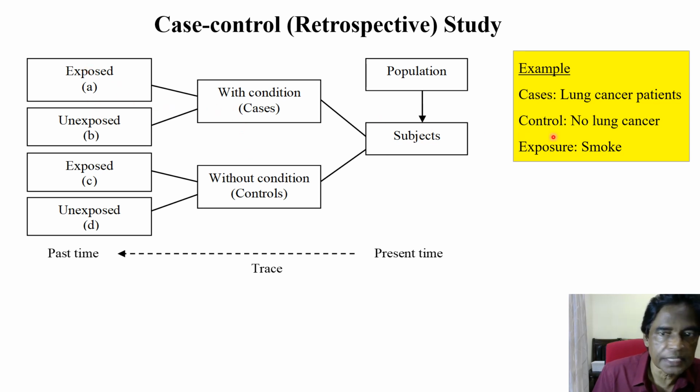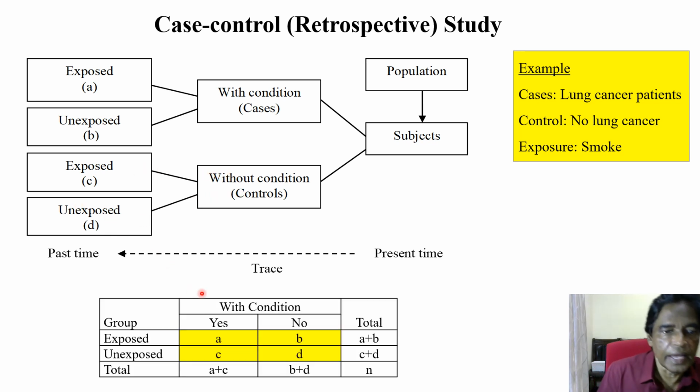So in this case, the exposure is smoking. Unexposed means not smoking. Each one of these cases here could have been exposed or not. Same thing here, could have been exposed or not. And back to the same table we capture. So what is A? A is, following this example, the cancer patients who smoked. What is B?